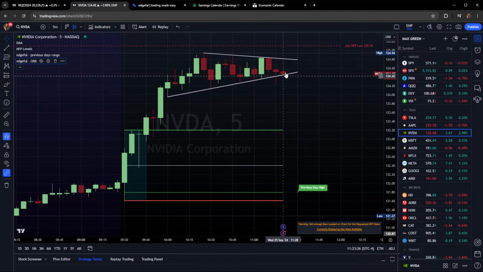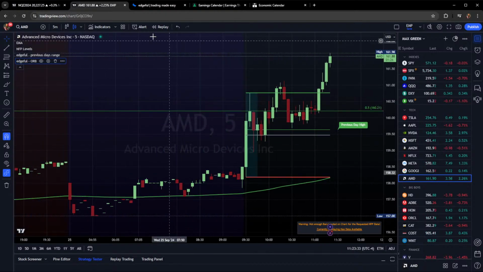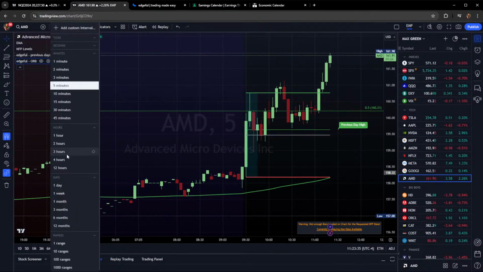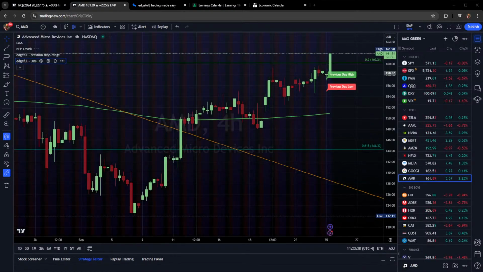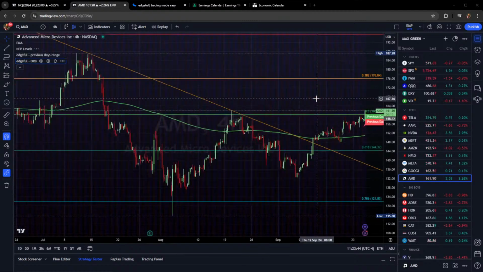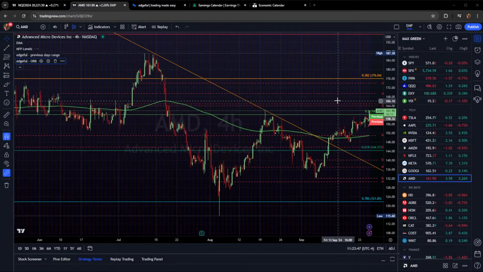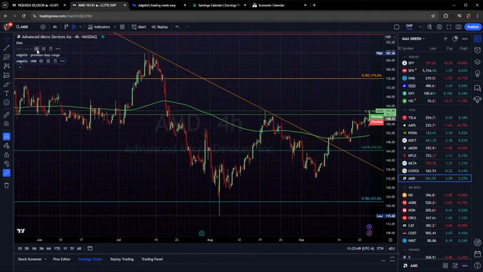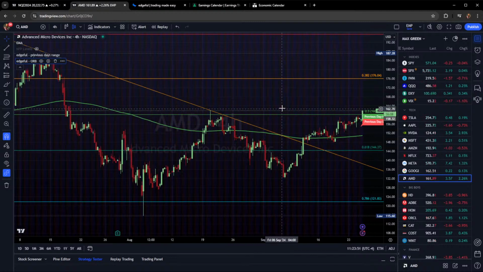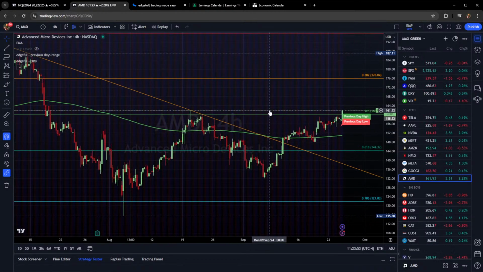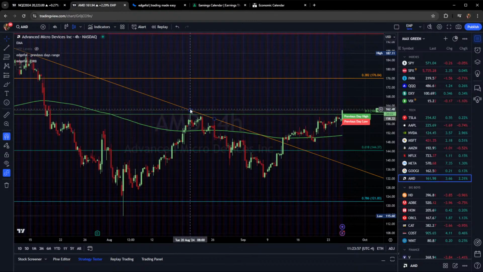I mean, they just keep buying it up right here in the same trend area. AMD's trying to break this previous high right here.